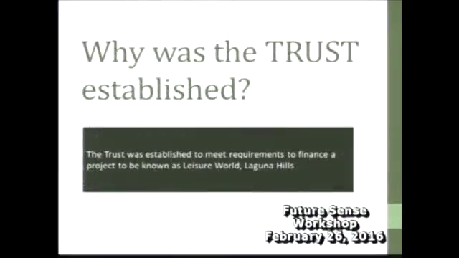Why was this established? I think this is really important to understand. The trust was established to meet the requirements to finance the project that was known as Leisure World at the time, Laguna Hills. Really, it was to make sure that when the community was built, it wasn't just built, because you can't just build it once and walk away.